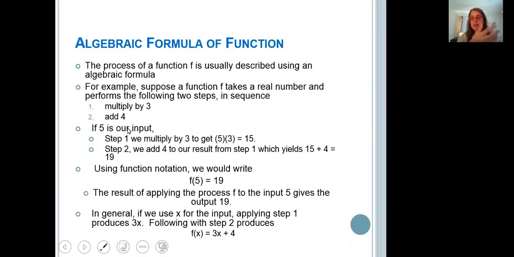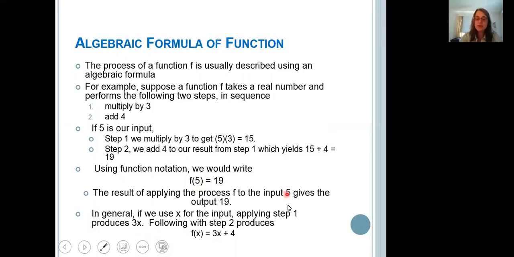So I say, okay, I want to do that to 5. My first step is I take 5, multiply it by 3 and get 15, and then I add 4 to get 19. That's not so hard. In function notation, I would write that f of 5, or Francois of 5, or f's really a lot easier, f of 5 equals 19.